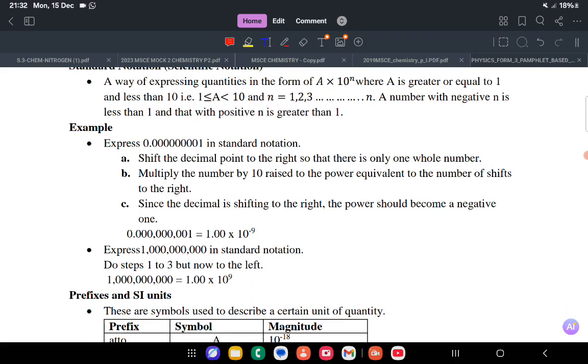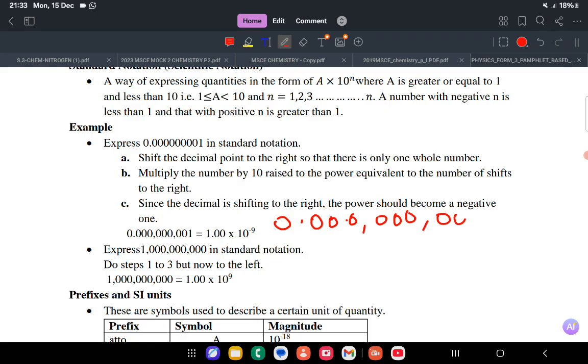All right, let's look at this other example. Yeah, suppose the number is 0.0000000001.